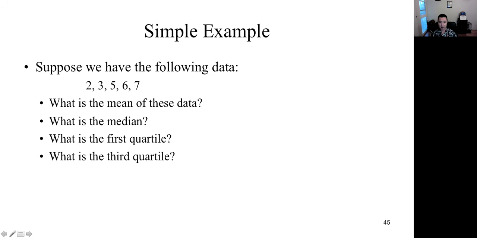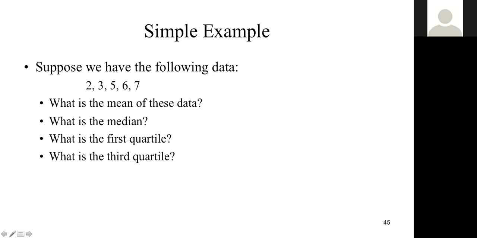Okay, we are here. The mean is very simple: we just add everything together and divide by the sample size. That's 2 plus 3 plus 5 plus 6 plus 7, divided by the sample size, which is 5.